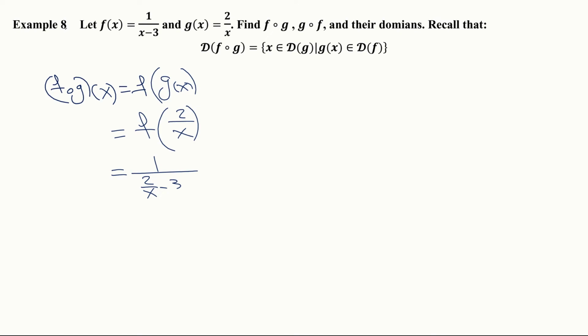So the fastest way to simplify that is to go ahead and multiply top and bottom by the LCD of all the fractions that you see. There's only one with a denominator of x, so we're going to do that. So we're going to multiply the numerator and the denominator of the complex fraction by x.